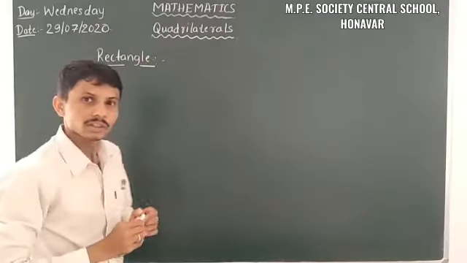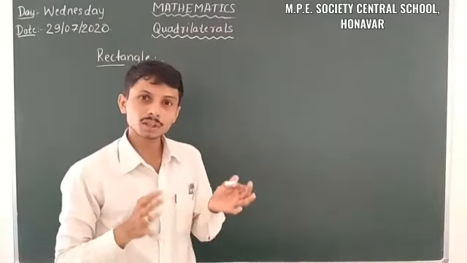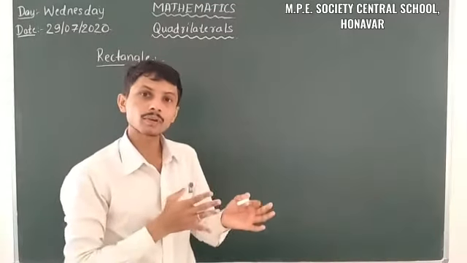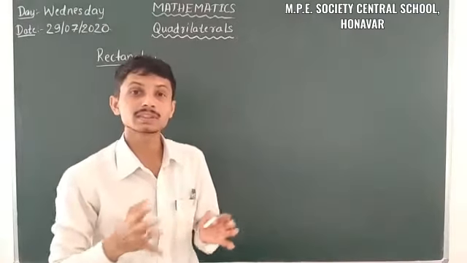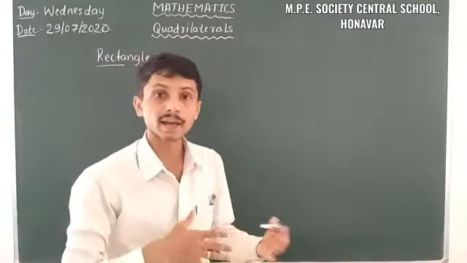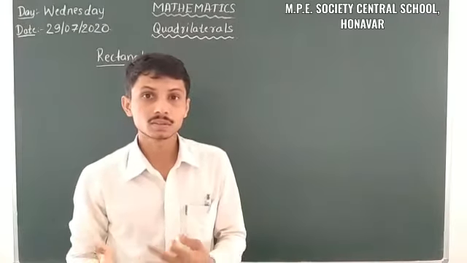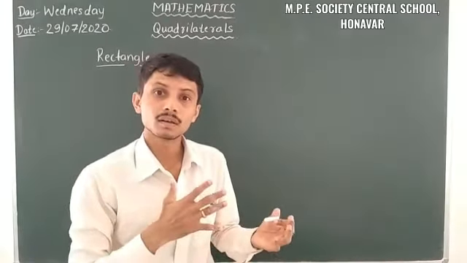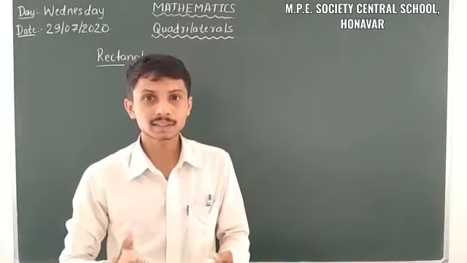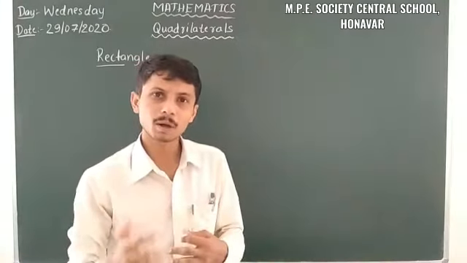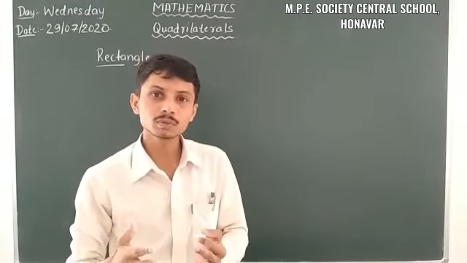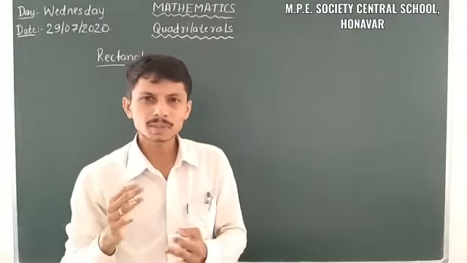Yes, so in rectangle we have to discuss all the properties. Likewise, we already studied parallelograms: the opposite sides are equal, the opposite angles are equal, and the diagonals bisect each other. Rectangles also have some properties exactly matching the parallelogram, but there is a slight change.